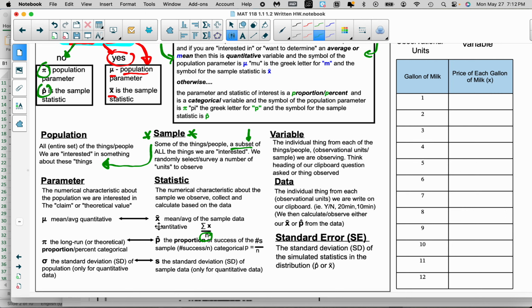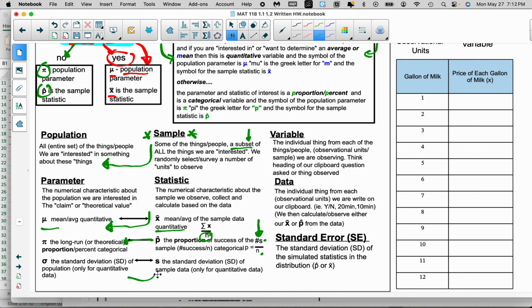And again, if we can determine whether we're dealing with quantitative data from our sample, then we know that that also means that we're interested in quantitative data in our population, which would mean our parameter is mu. If we took our sample data and we got a proportion, number of successes divided by our sample, then that means that we're interested in that same proportion of all our population, or pi.